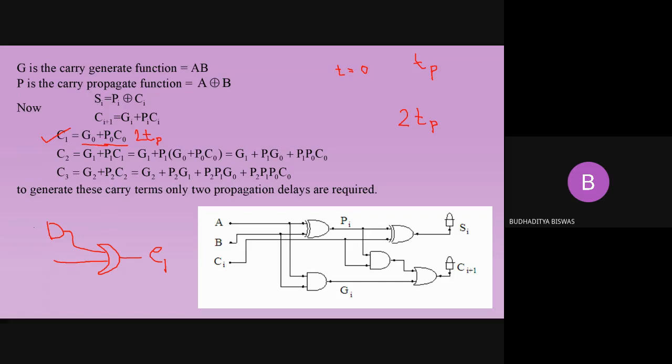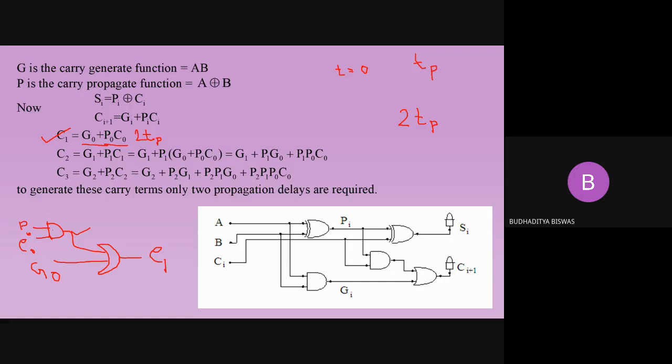The inputs for this AND gate are P0 and C0, and the next input is G0. So now think how much time is required. 1 TP time is required to generate this term, because without generating this term, the output of C1 is not valid.